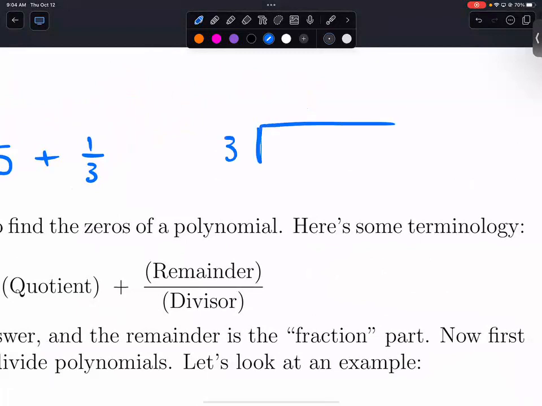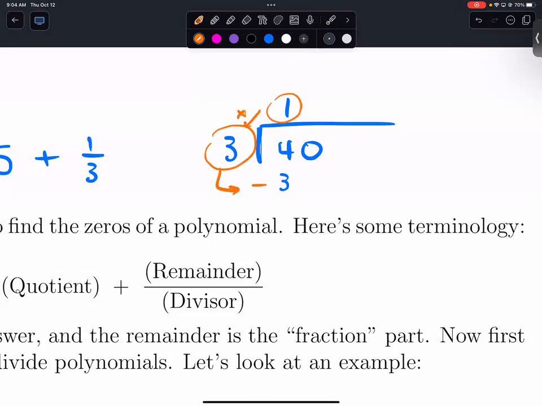If I want to divide 3 into 40, what do we do? 3 goes into 4 one time, and then what? Put a 3 underneath because 1 times 3 is 3. And then subtract. So we multiply these, right?